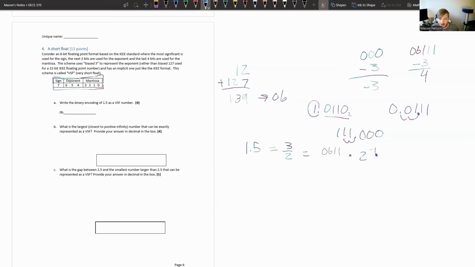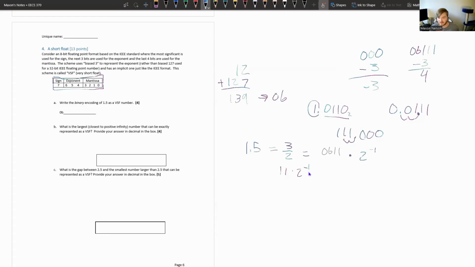If you wanted to write this in scientific notation, it would be 11 times 2 to the -1.